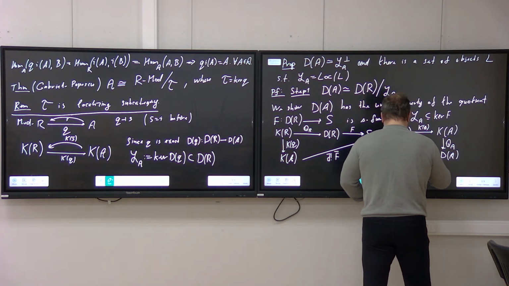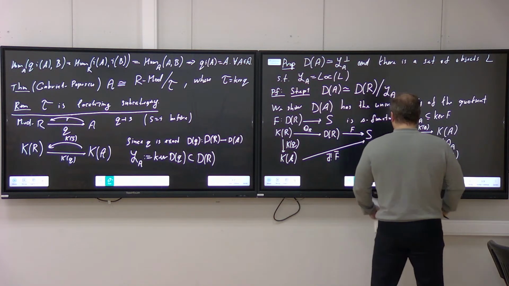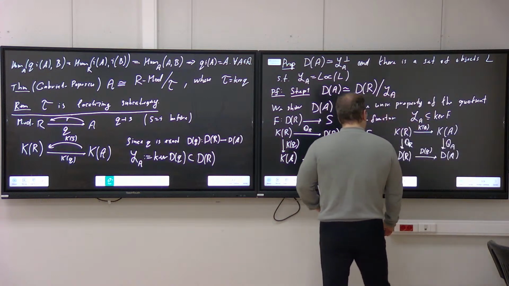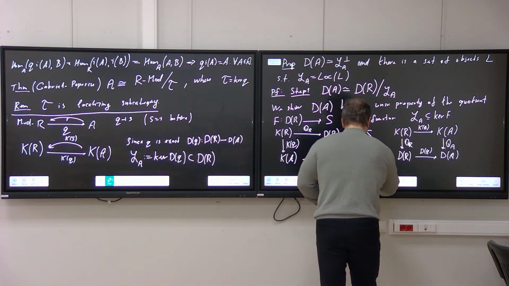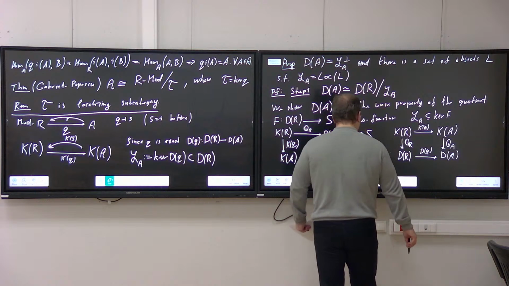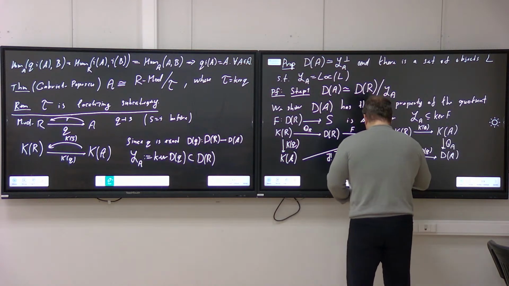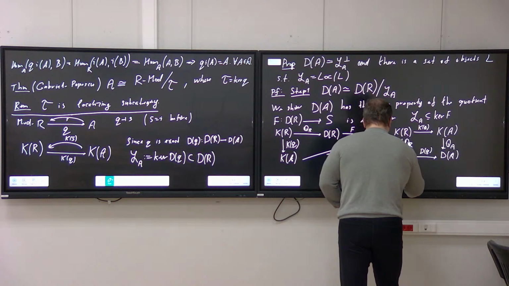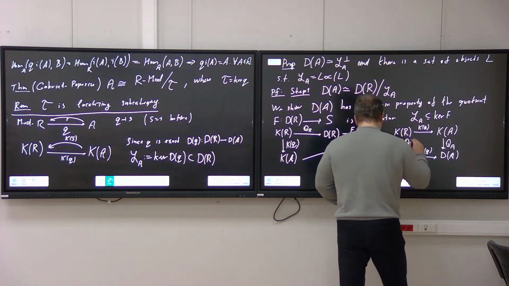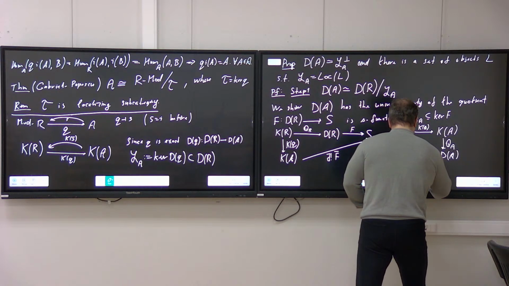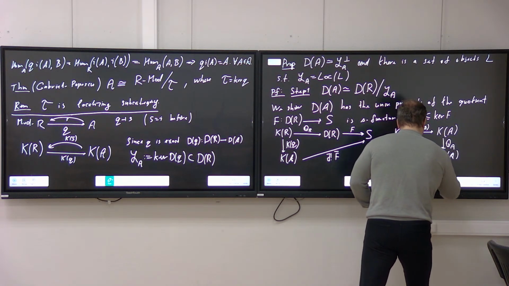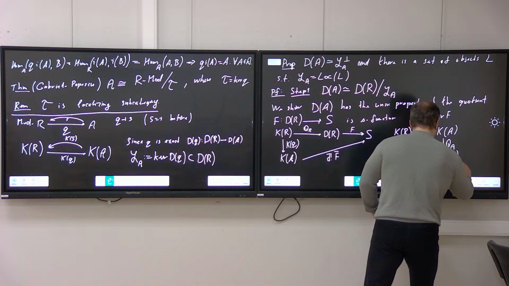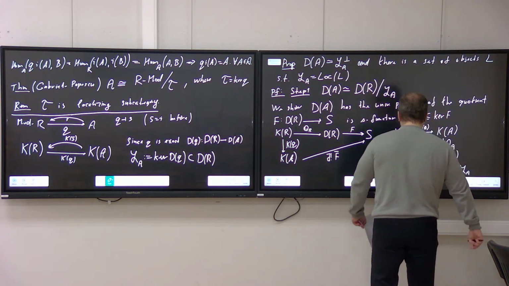And here the functor is D of Q. So by looking at this diagram, we can see that if I apply the quotient functor Q_R to the kernel of K of Q, this is contained in the kernel of D of Q, which is L sub A by definition.